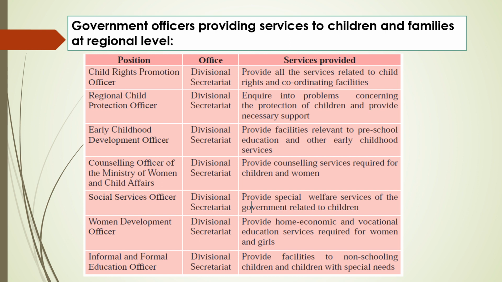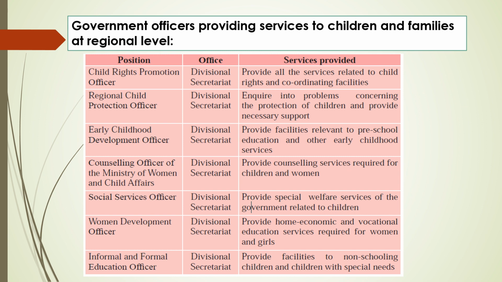The second column shows where they are based. And the third column shows the services provided by the officers. The first one, Child Rights Promotion Officer, which we call CRPO, is based in the Divisional Secretariat.